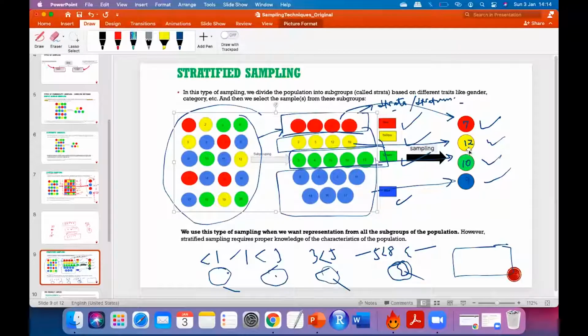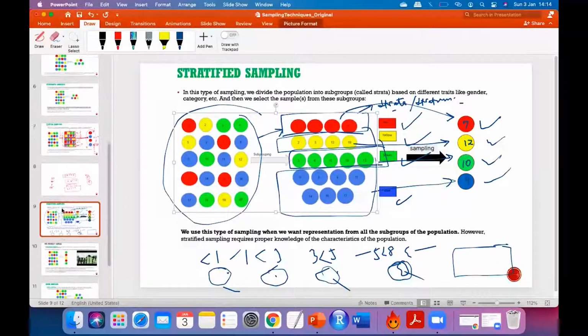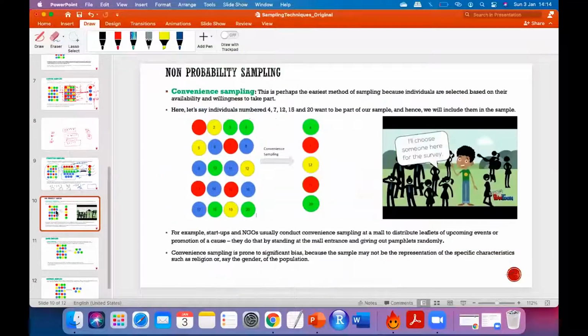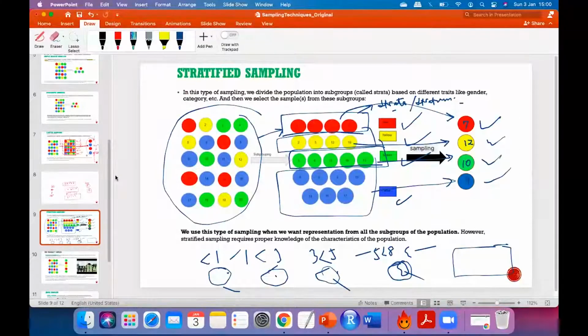No, Dhruv. Okay. So basically, these are the 4 types of probabilistic sampling, which were very important. Non-probabilistic sampling is very funny. We saw 4 common methods in which we usually do probability sampling.